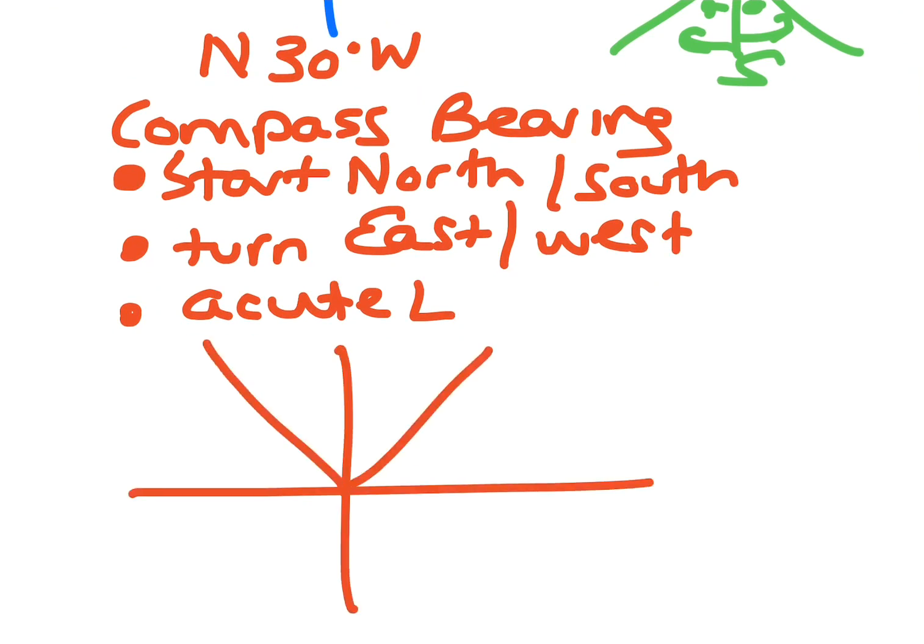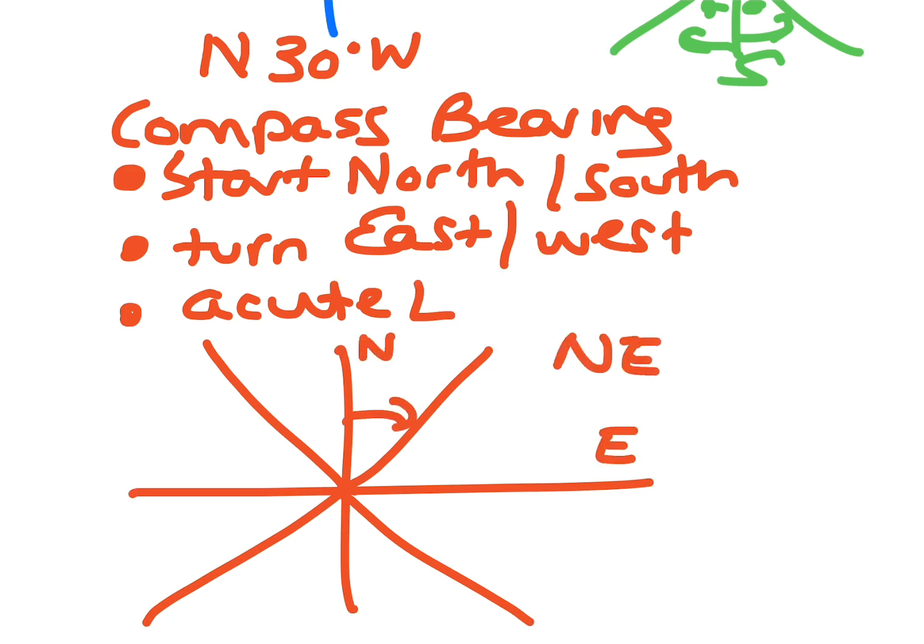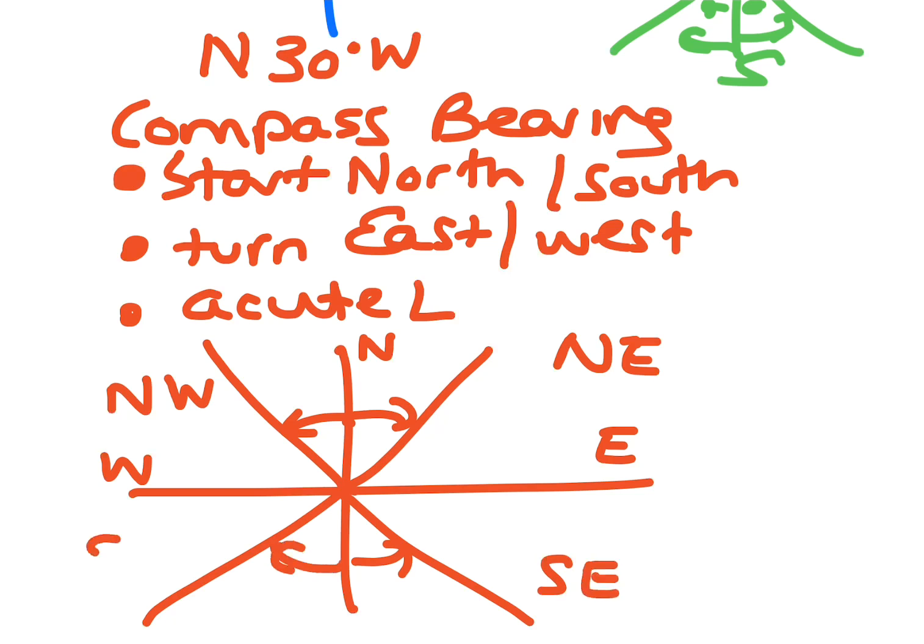So if you're out here, out here, out here, you go from north, that's northeast, then northwest. This one here would be southeast, and this one here is south something degrees west. So the angle we're talking about is always in there.